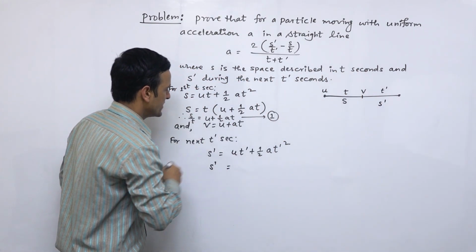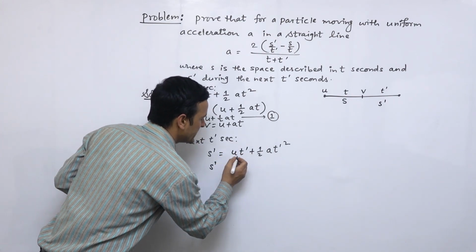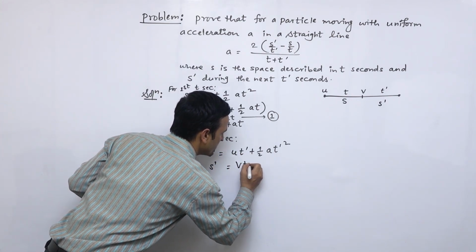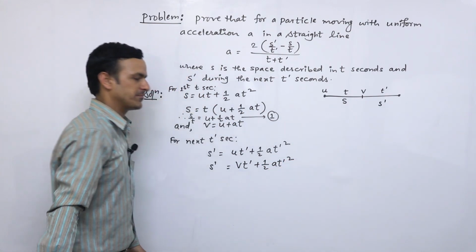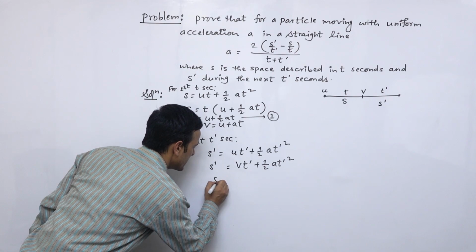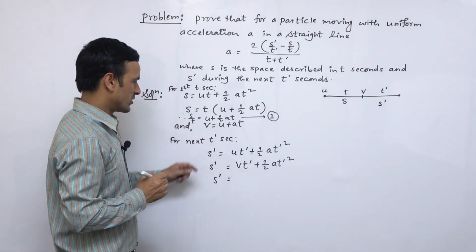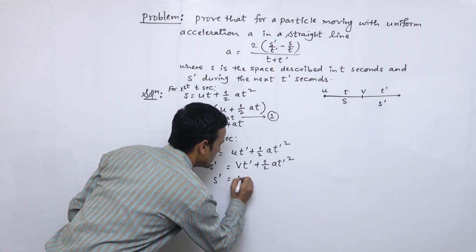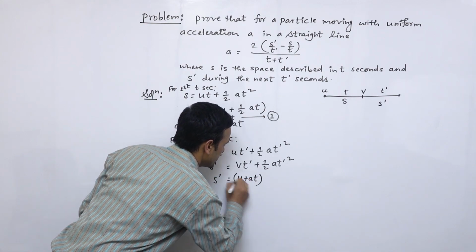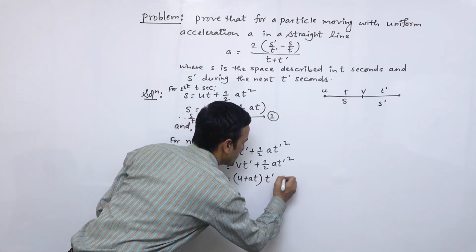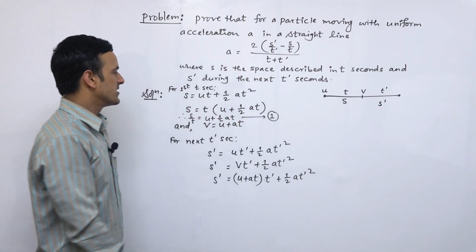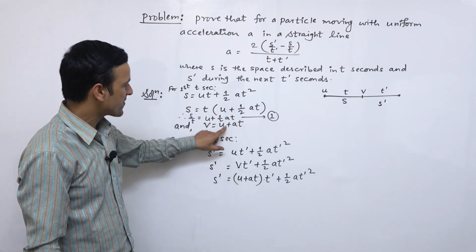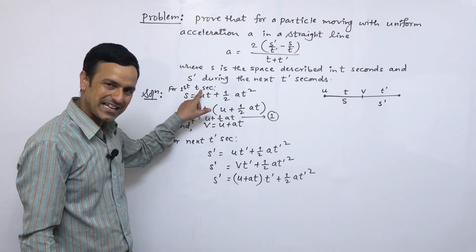That's why this u means here v. So we can write v t dash plus 1 upon 2 a t dash square. And now here s dash is equal to, the v means what? u plus at. So this is the formula: (u plus at) t dash plus 1 upon 2 a t dash square.